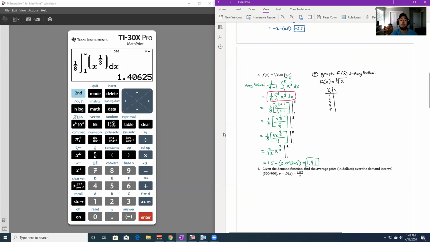And I'll use my table again to make this easier. Actually, since we're given 1 to 8, we don't need that many numbers. Since we're taking the cube root, I only want numbers I can take the cube root of.